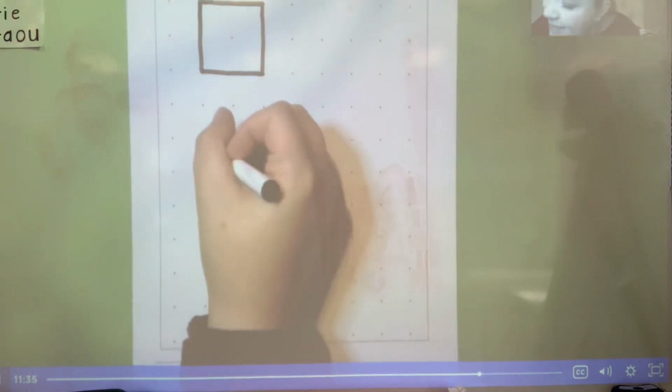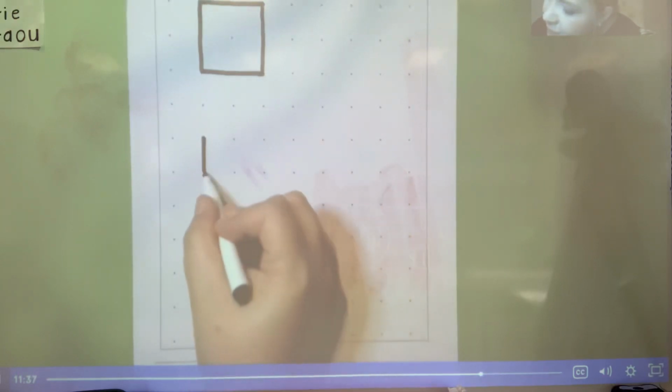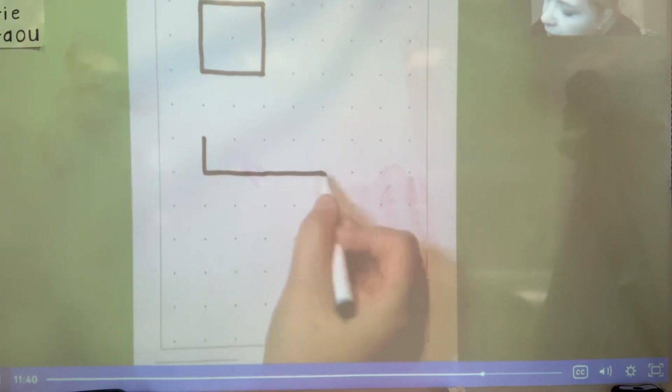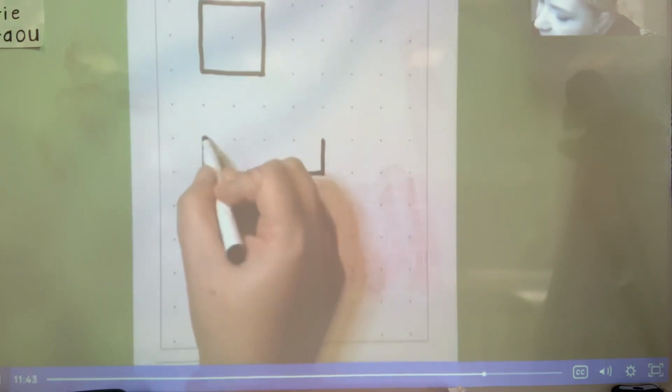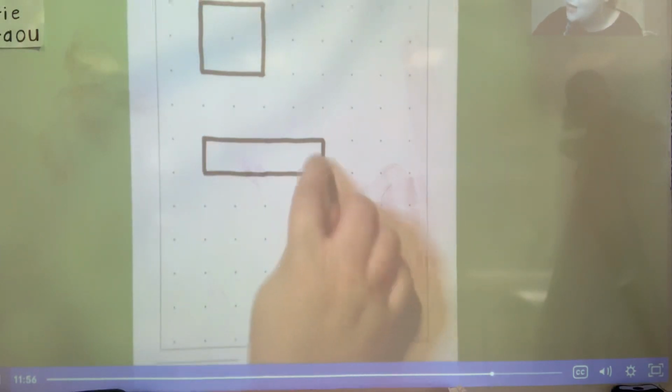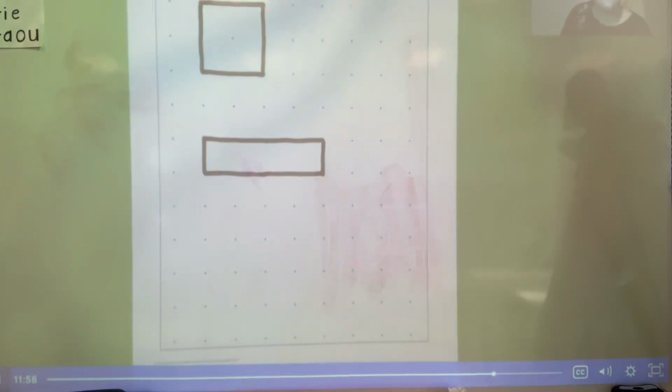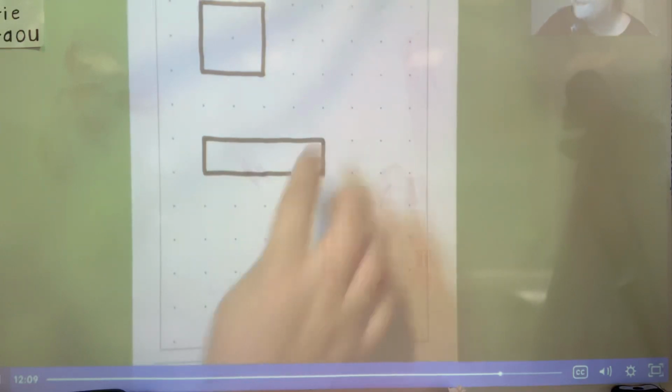I'm going to try making another one. This time I'm going to start right here and make my rectangle. How many sides does this rectangle have? 4. 1, 2, 3, 4. 4 straight sides. How many corners does it have? 4. 1, 2, 3, 4.